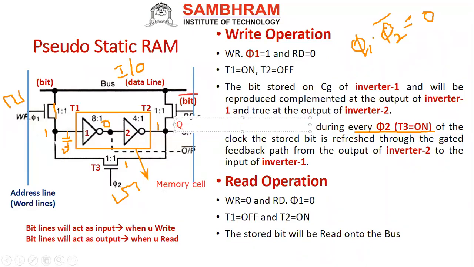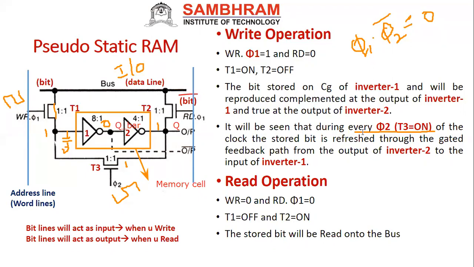Let me keep the name as Q. If this is my Q, then this will be Q bar, the previous output. So we get both outputs, Q and Q bar. So this is a simple D flip-flop, and I can also say, a pseudo-static RAM.